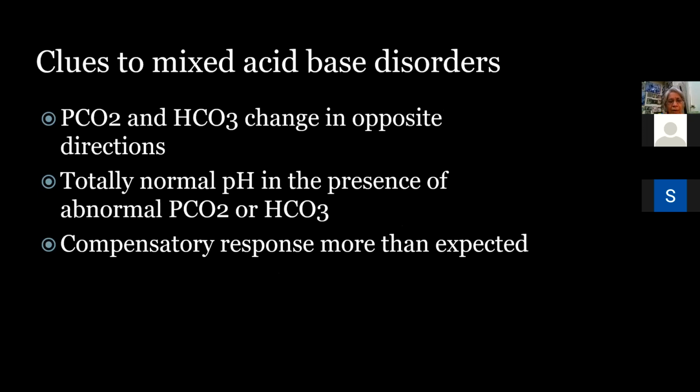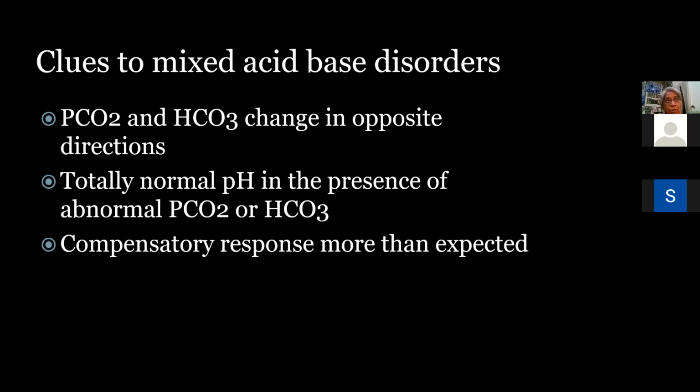Now, when do we think this could be a mixed acid-base disorder? First, when the PCO2 and bicarbonate change in opposite directions. Second, when there's a totally normal pH in the presence of abnormal PCO2 or bicarbonate. Those values have changed, but your pH is 7.4.